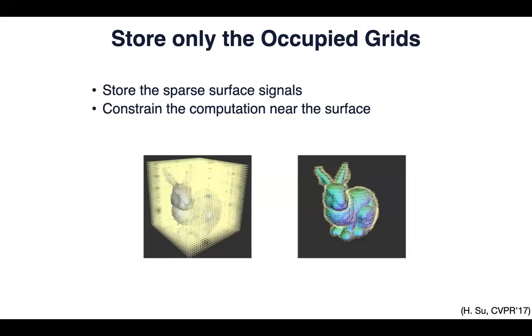So here, like in the bunny, we want a lot of detail at the surface of the bunny, in the transition region from inside to outside, right? And even if we need the information inside, we can do that adaptively too.